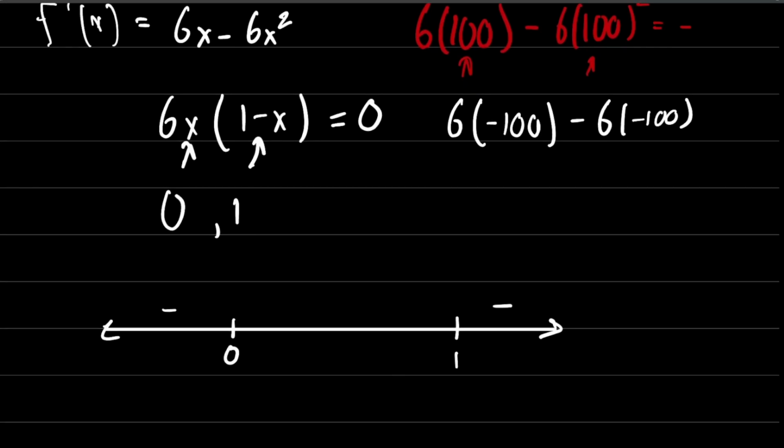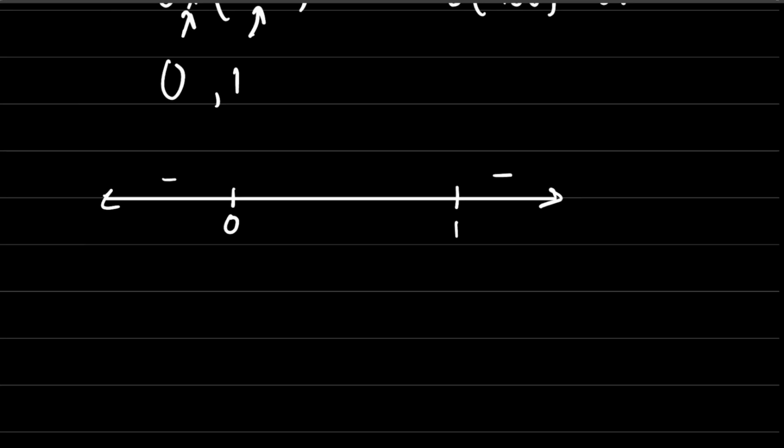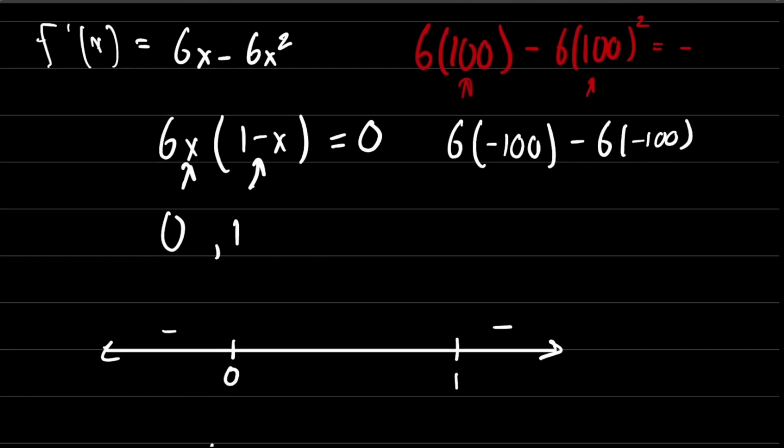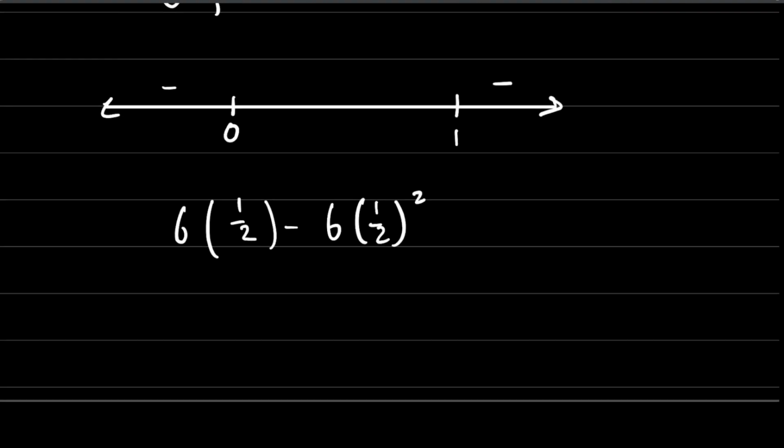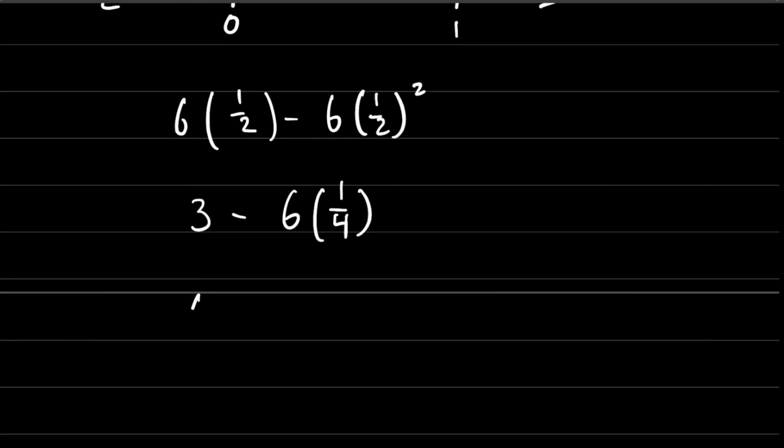And then we need to look for a number between 0 and 1. So let's say 6 times 1/2 minus 6 times 1/2 squared, which gives us 3 minus 6 times 1/4, which is going to be 3 minus 3/2, which ends up being positive.